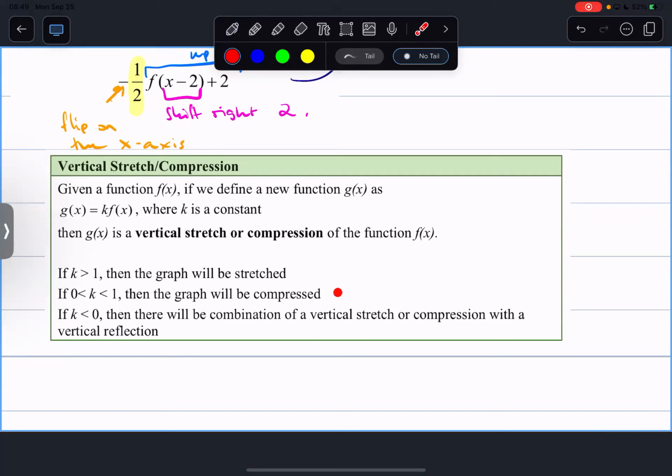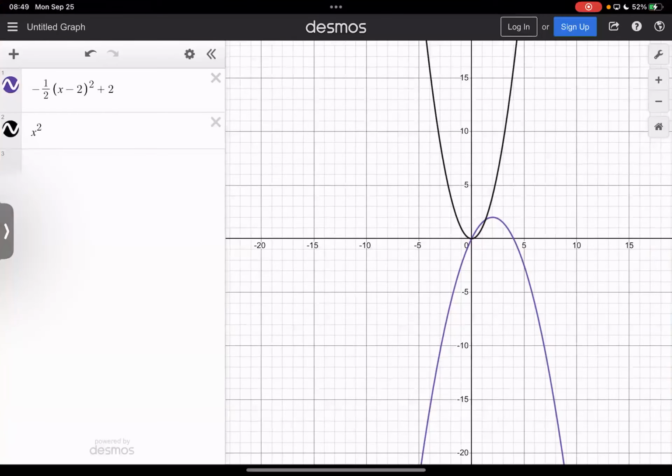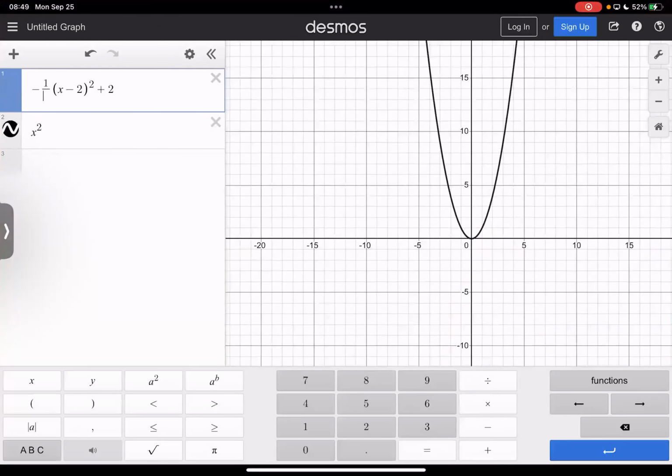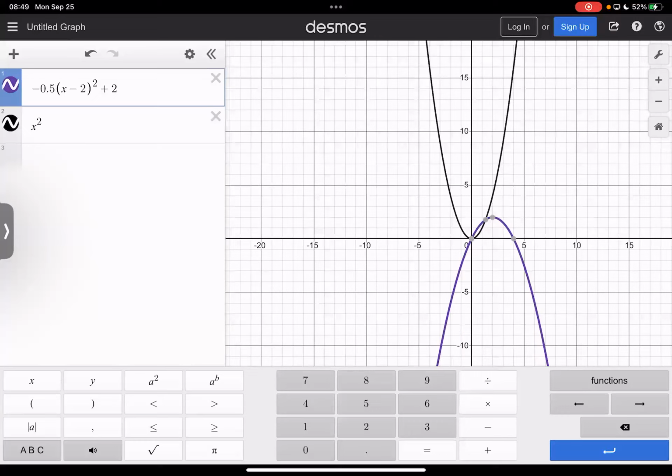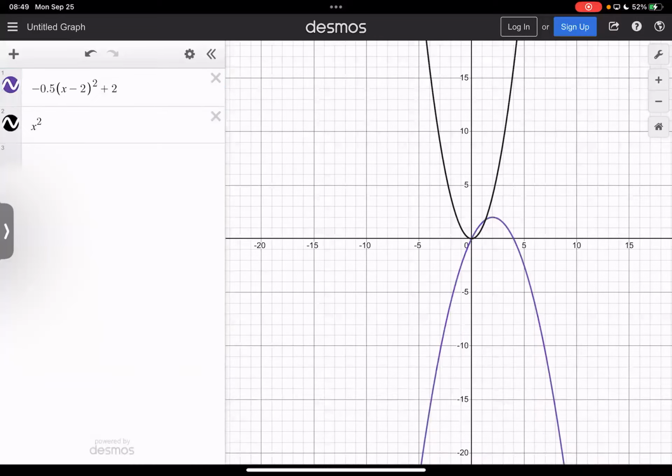You put 0.5 instead of 1/2, would that make a difference? Let's see. No. What if?